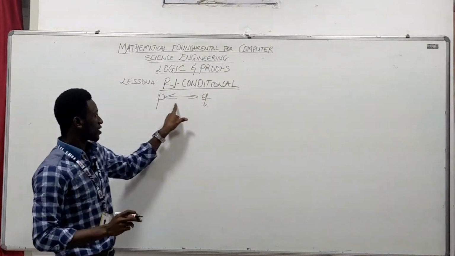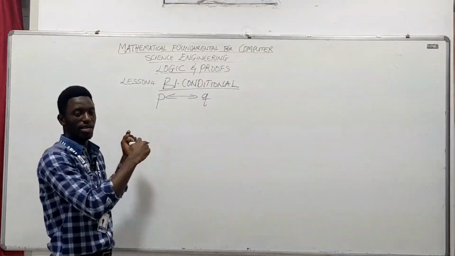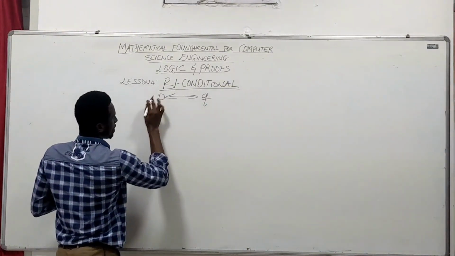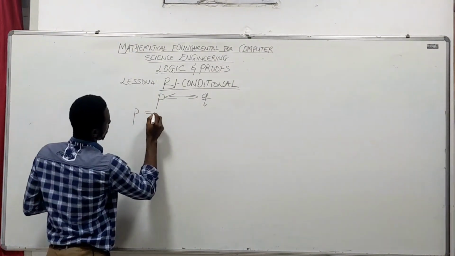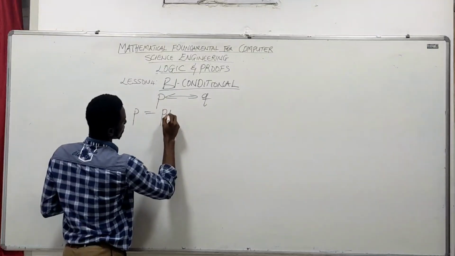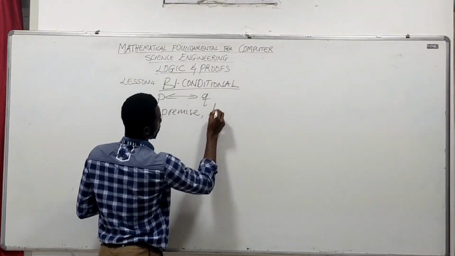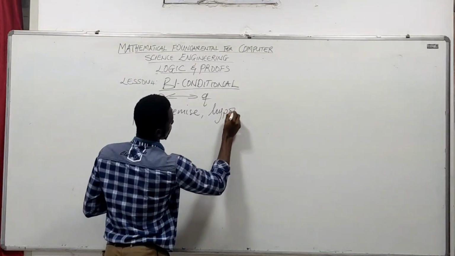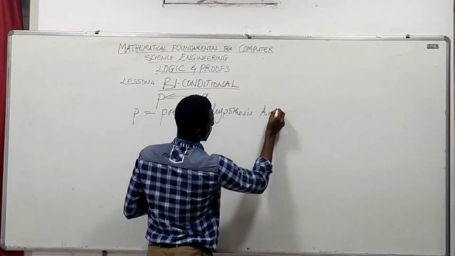As you can see, the arrow goes back and front, okay? So for this one, as we know, P is our premise or hypothesis or antecedent.